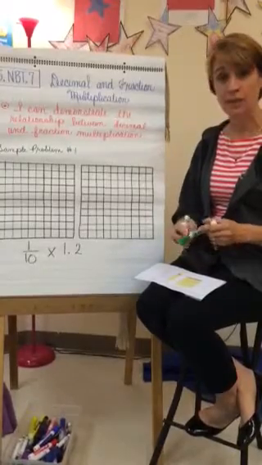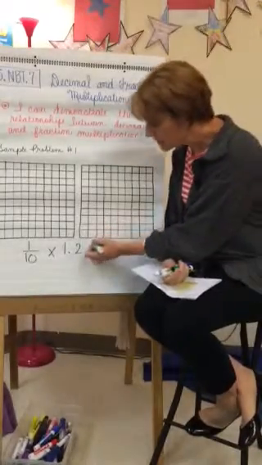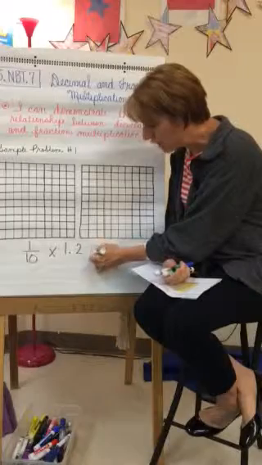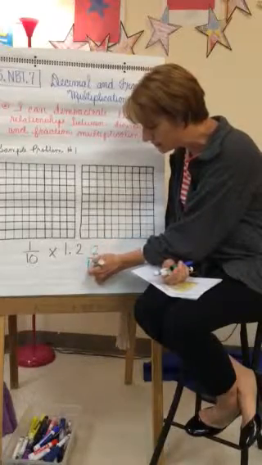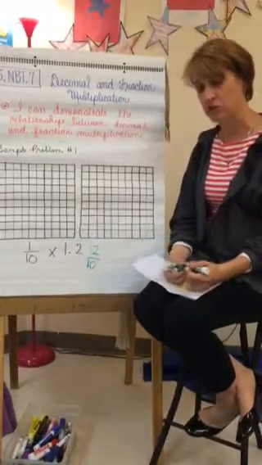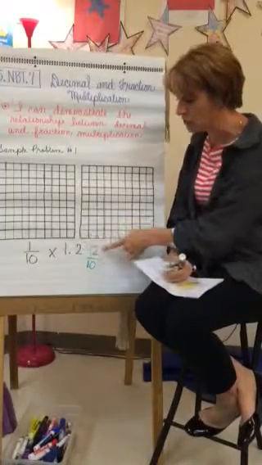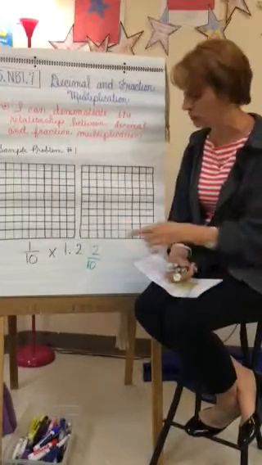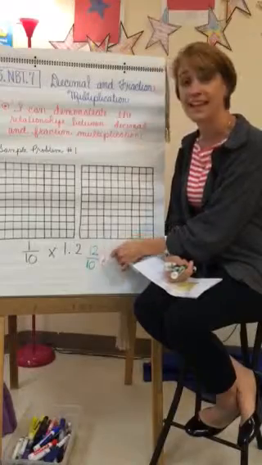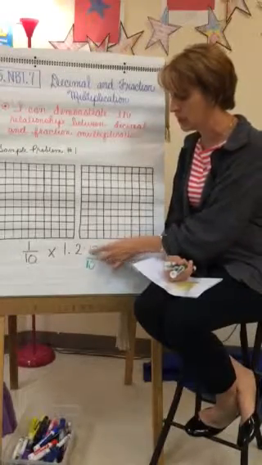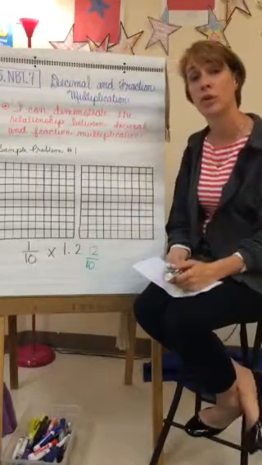They would be able to tell me that 1.2 is the same as 12/10. They have this prior knowledge, so they should be able to change 1.2 into 12/10 because the 2 is in the tenths place and the 1 is in 1 whole.